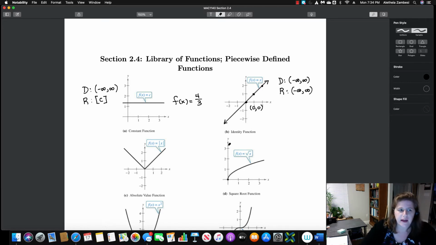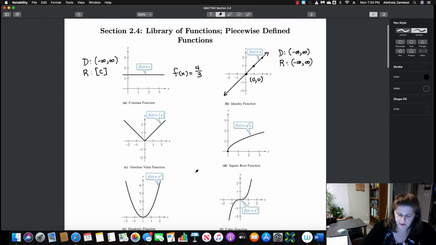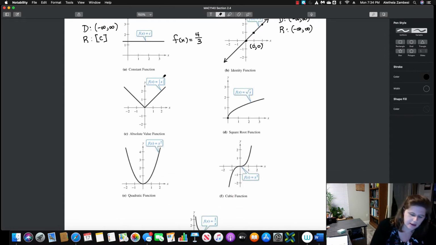The absolute value function is a function that looks like the identity line in the first quadrant in the positive axis, and is a mirror image or reflection over the y-axis in the second quadrant. So for this function, the domain is all values of x, so it goes from negative infinity to infinity.